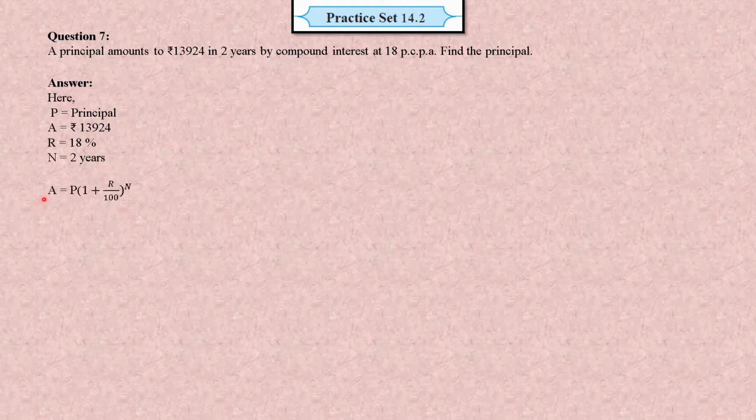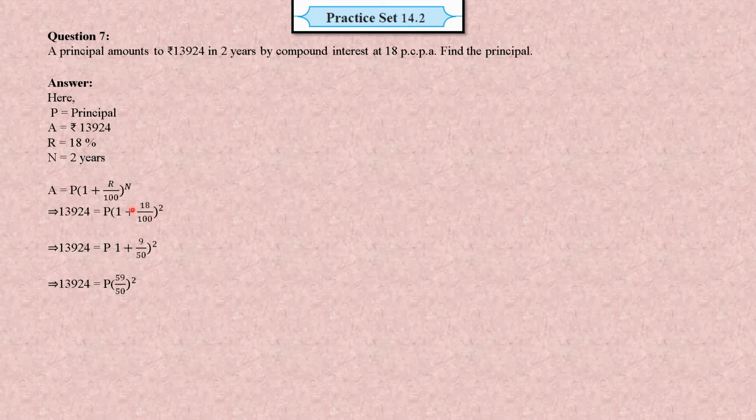Using the amount formula, A is equal to P into 1 plus R upon 100 raised to N. Substituting the values of A, R and N and keeping P as it is, we get 13,924 is equal to P into 1 plus 18 upon 100, the whole square.